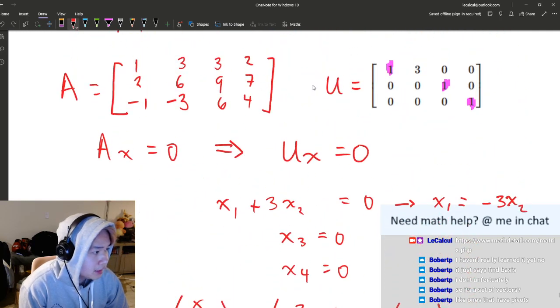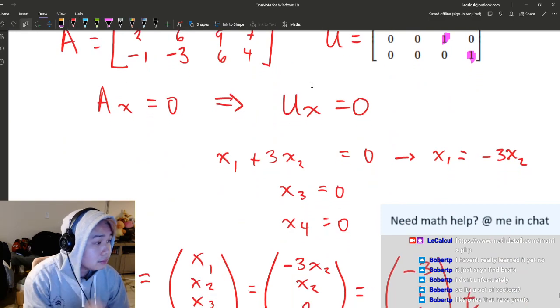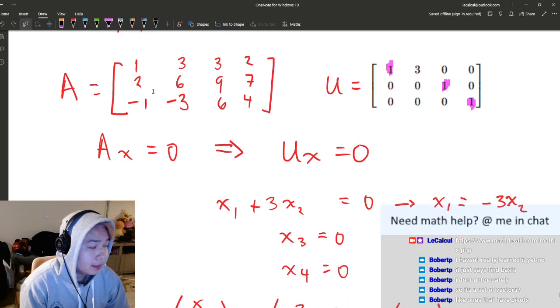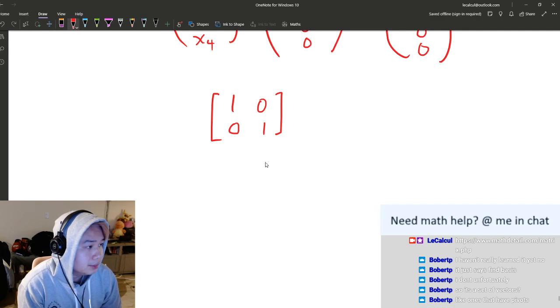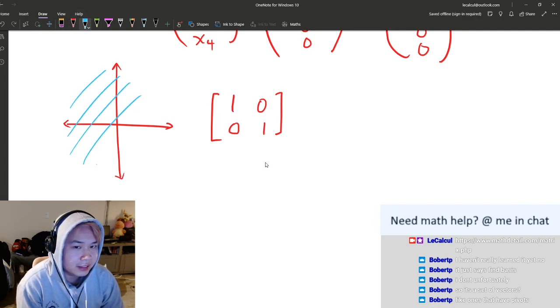The basis is a set of vectors, for example, the basis of the column space. The column space is the space that all the vectors span. So for example, these are my columns, right? And this is just a two-dimensional space, so they span the entire R2.